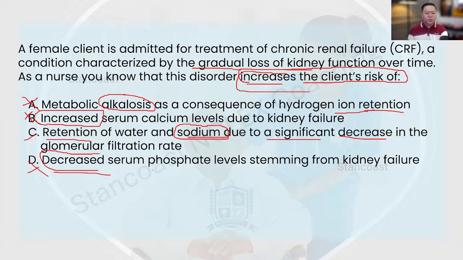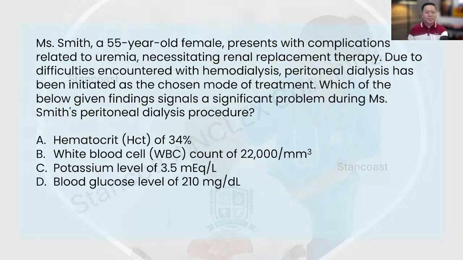Okay, I'm going to do one more question before we end. Okay, we have a question here. Ms. Smith, a 55-year-old female, presents with complications related to uremia, necessitating renal replacement therapy. Due to the difficulties encountered with the hemodialysis, peritoneal dialysis has been initiated as the chosen mode of treatment.